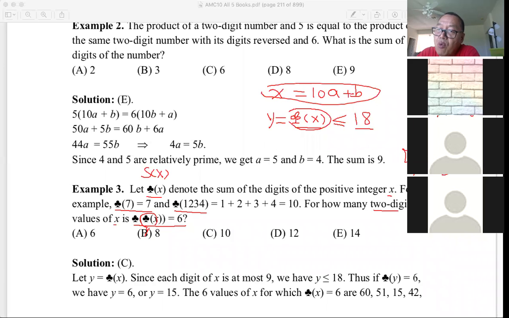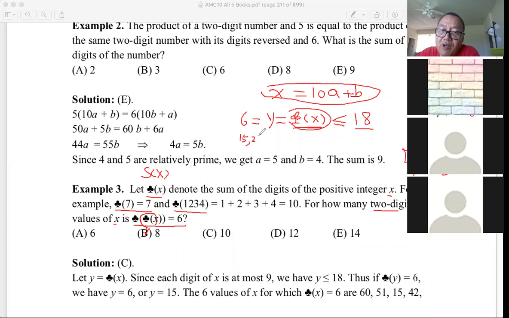So when Y equals 6, Y is the sum of the digits of a two-digit number, right? If Y equals 6, what is this X? X can be 15, that's a choice, right?